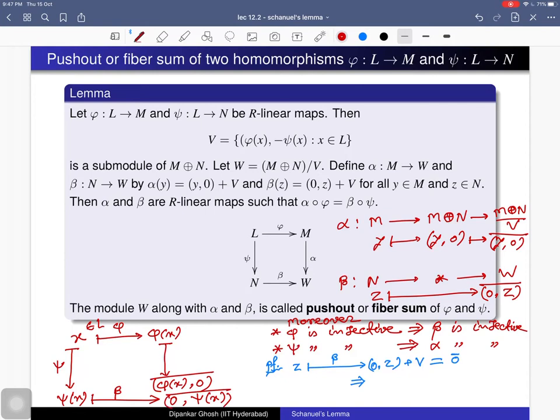Now the question is, to prove this diagram commutative, we need to verify that these two equivalence classes are the same. Are they equal?